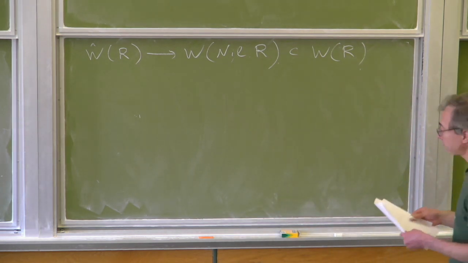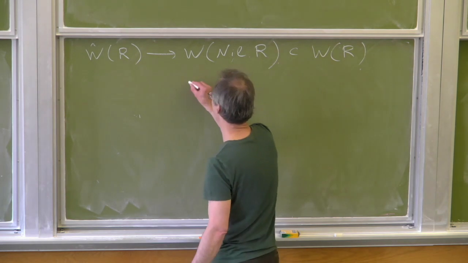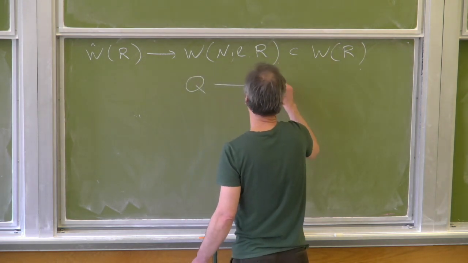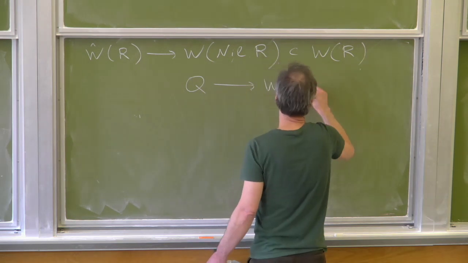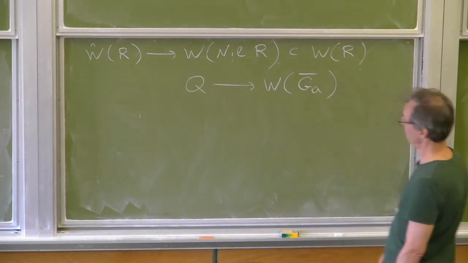So this defines a map from Q to W of G_a bar.